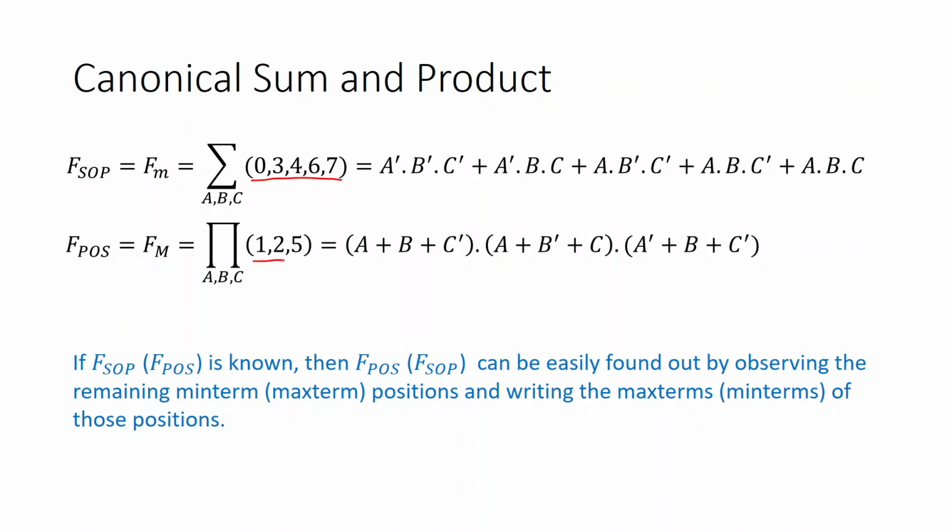So you write down the other positions in a POS form. Similarly, if the POS is given, you know that in the other positions I am getting a 1, so you write down the other positions and express it in SOP form. So if you know the SOP, you can write down the POS. If you know the POS, you can write down the SOP. So this type of very simple conversion problem can come, and you must be practiced and well versed with this type of conversion.